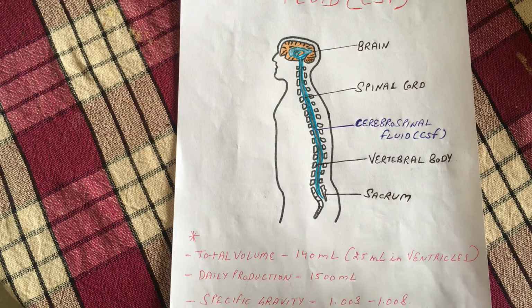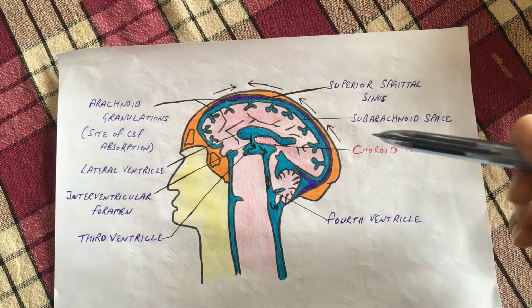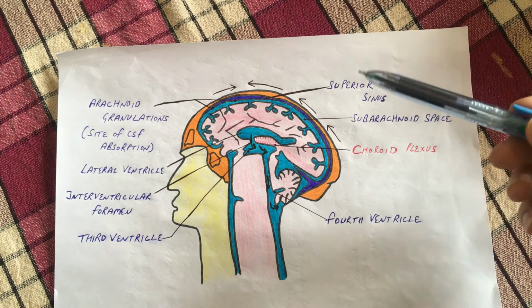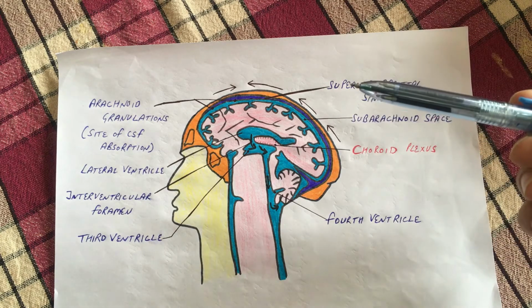Now I will talk about the site of production, function of CSF, the circulation of CSF and clinical aspects. As I have discussed earlier, the CSF fills the subarachnoid space, extends into the ventricles and also the central canal of the spinal cord.